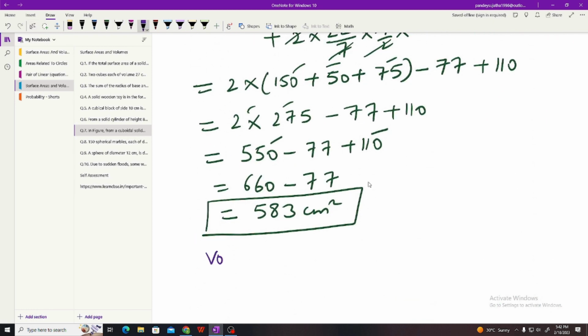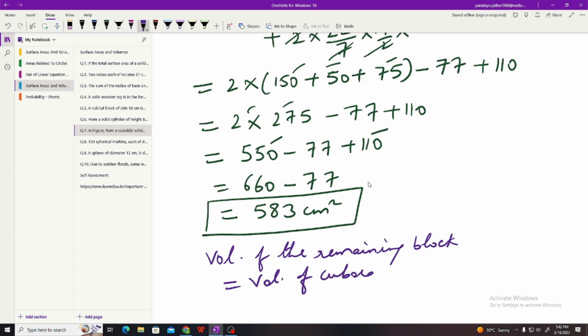So volume of the remaining block will be equal to volume of cuboid minus volume of cylinder.